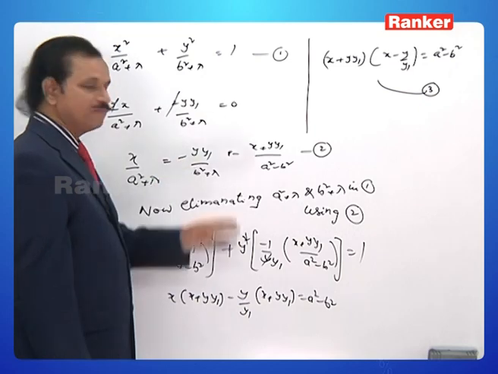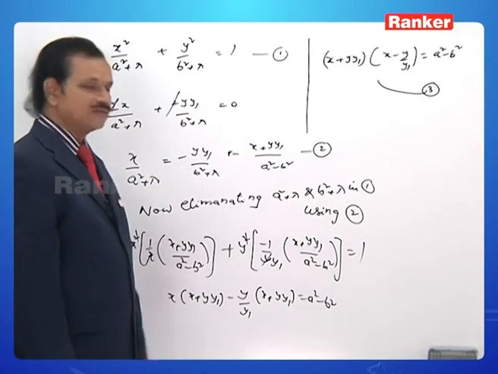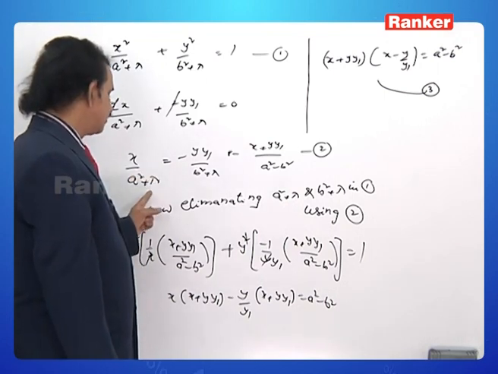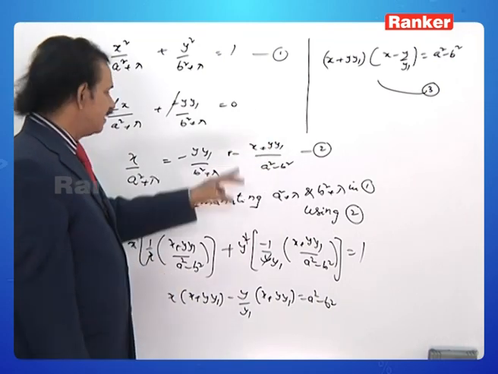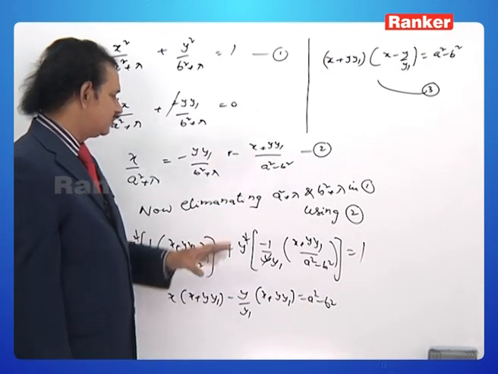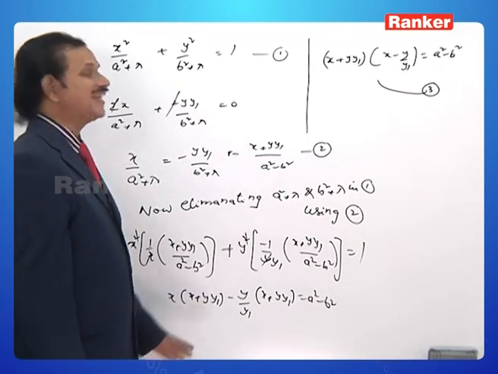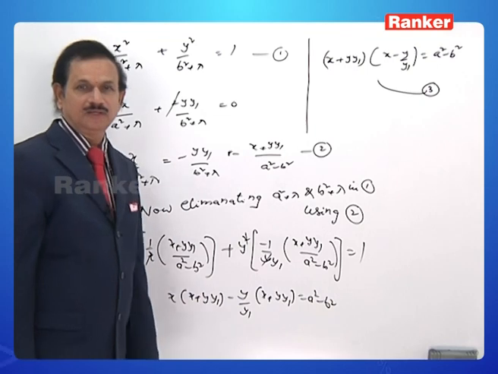By using the properties of ratios, these two ratios are equal to this. From this, 1 by a square plus lambda is equal to 1 by x into this quantity. 1 by b square plus lambda is equal to minus 1 by y1 into this quantity. Okay, at last we could have arrived at that particular step.